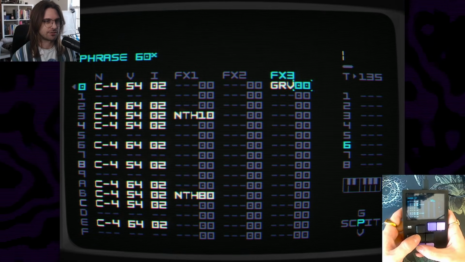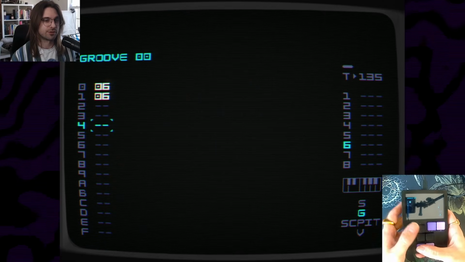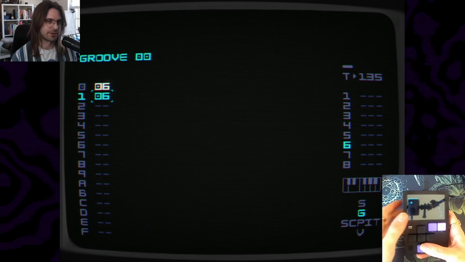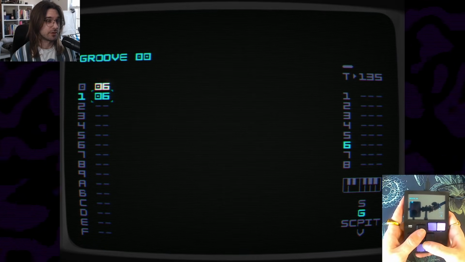If I hit Shift up while I'm in the phrase view, I'll go into what's called the groove page. You can see that in the bottom right where there's a little G highlighted on the mini map, and also at the top where it says groove 00.